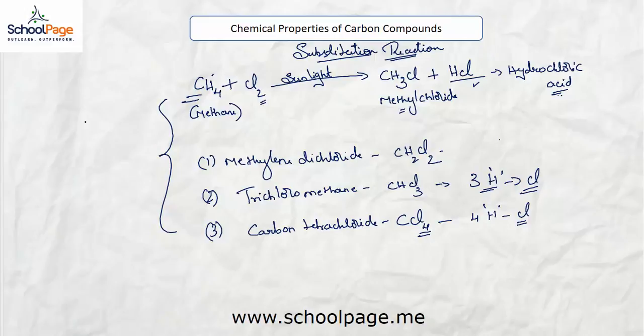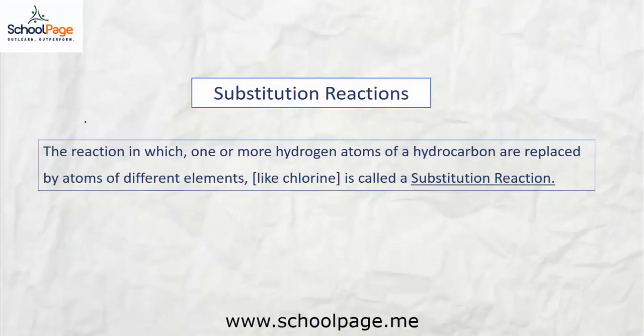Substitution reactions are the characteristic property of only alkanes or saturated hydrocarbons. Unsaturated hydrocarbons do not undergo substitution reactions with halogens like chlorine. So let's define the substitution reaction.